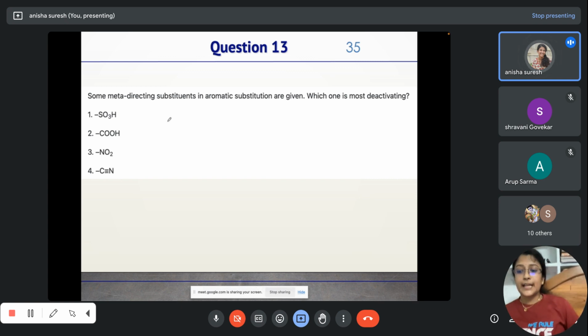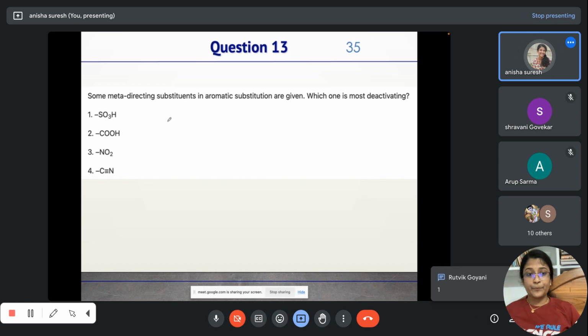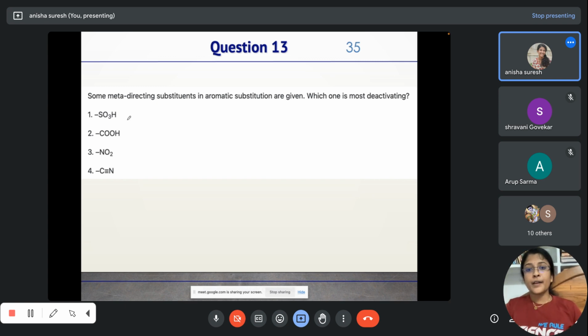So we have seen that some meta-directing substituents in aromatic substitution reactions are most deactivating in nature. So here out of these four, the correct option will be nitro because of the electron withdrawing nature of the nitro group. Nitro group is highly electron withdrawing in nature.